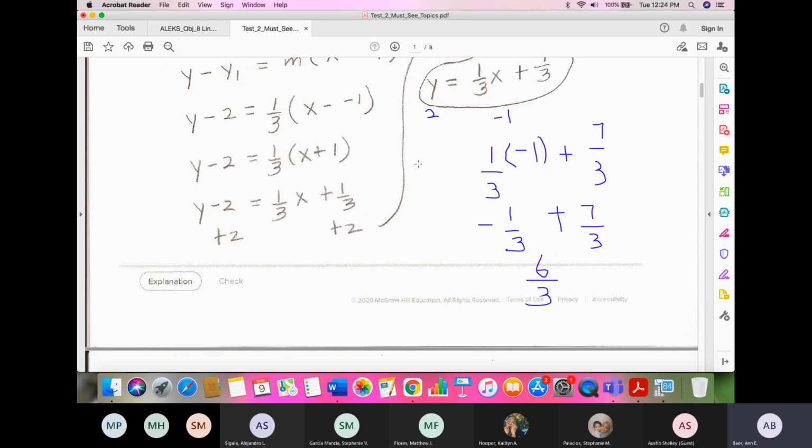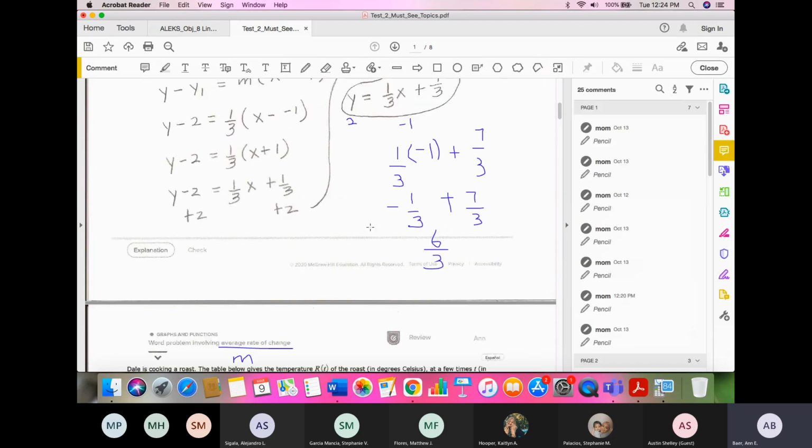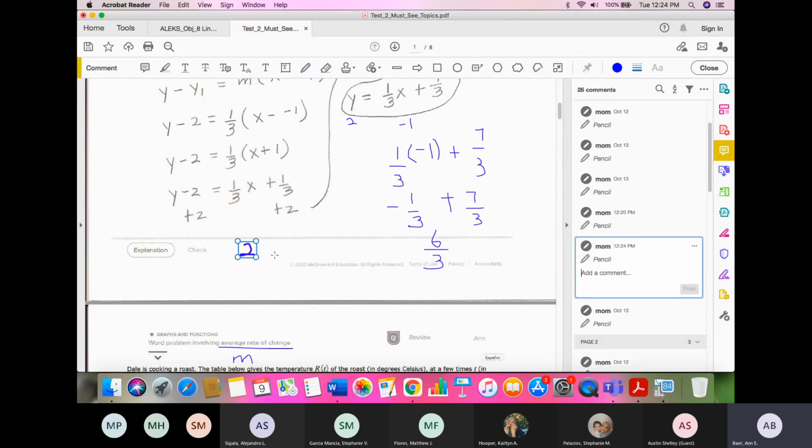So for example, if I wanted to combine this, I want to write this 2 in terms of thirds. So I want to know how many thirds is this number 2. We've got to get 3 in the denominator here.